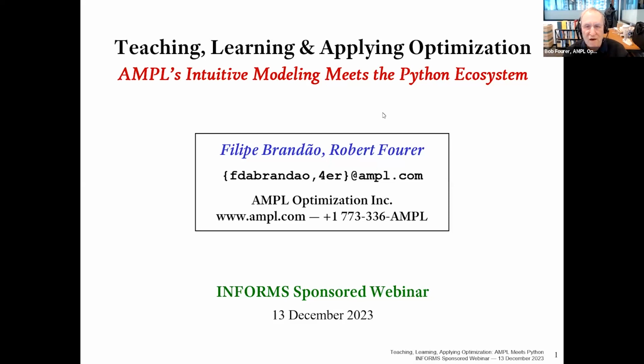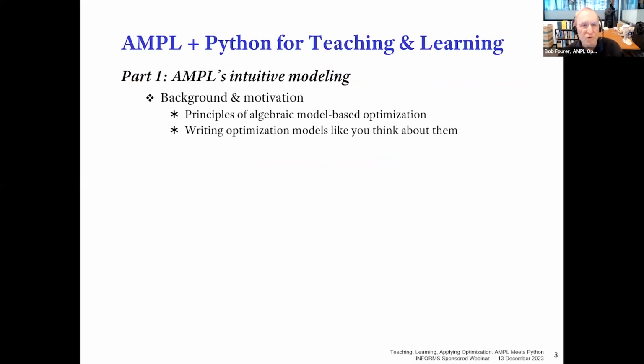So let me start out by just outlining what we're going to do today. I will do the first part, and this is on the intuitive modeling that we've tried to add to AMPL and the reasons for it. I'll start out with some general background and motivation, just to make it clear to everybody what we think of as optimization and what we mean when we say you want to write optimization models more like you think about them.